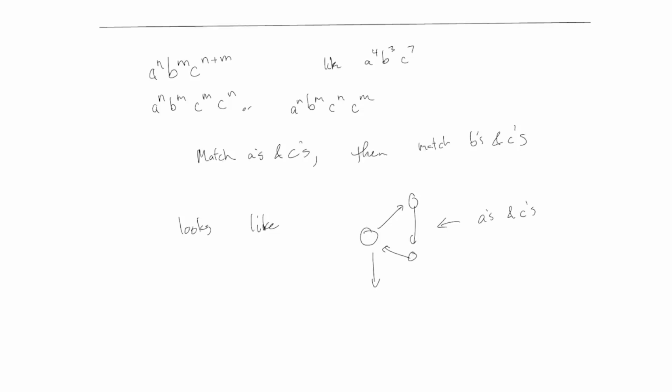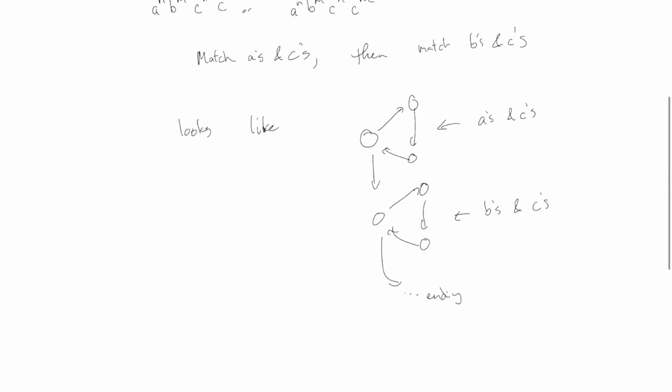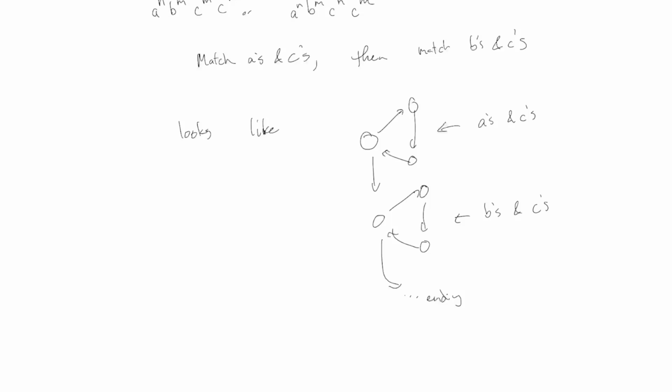And then we transition into another one, which does the B's and the C's, right? And then there's some kind of ending at the end. But this is my basic plan.